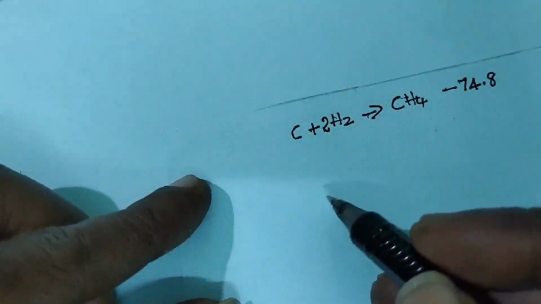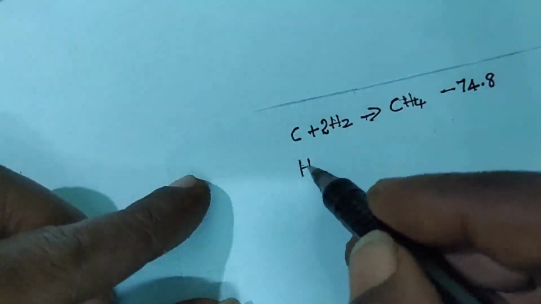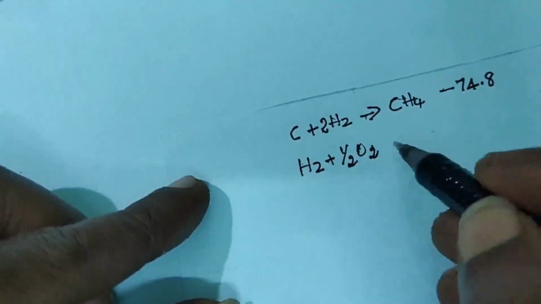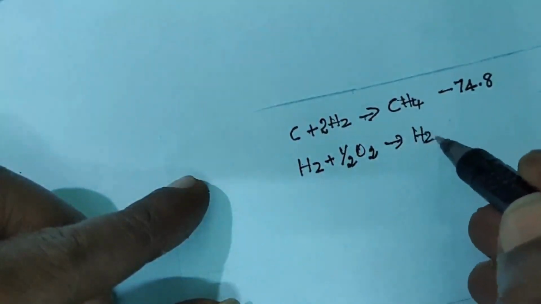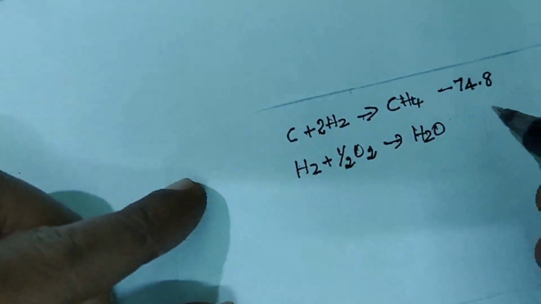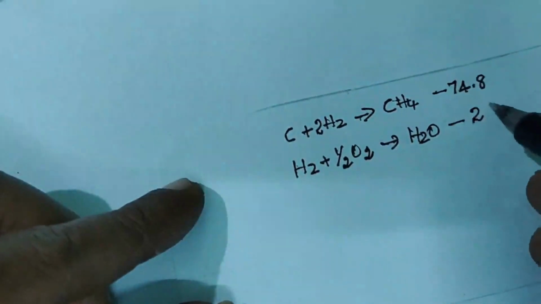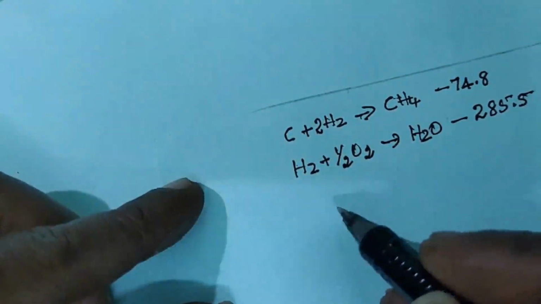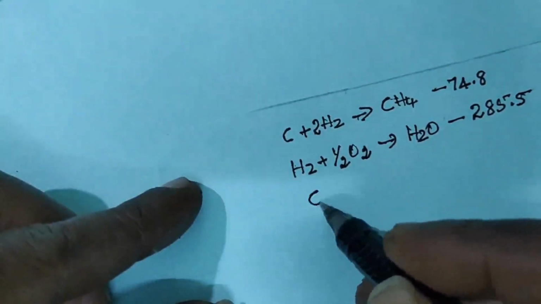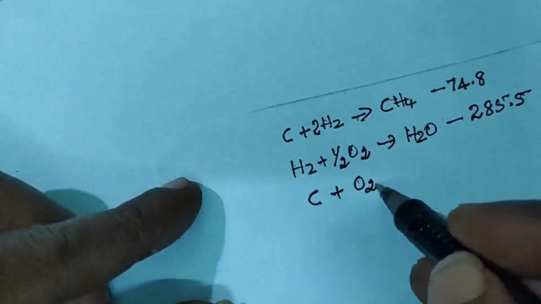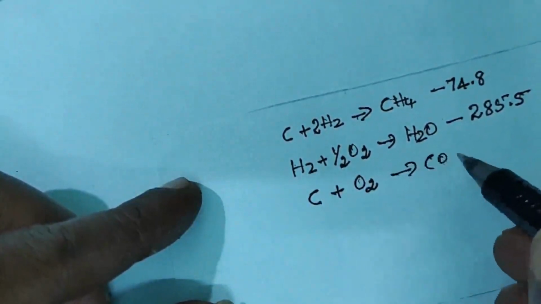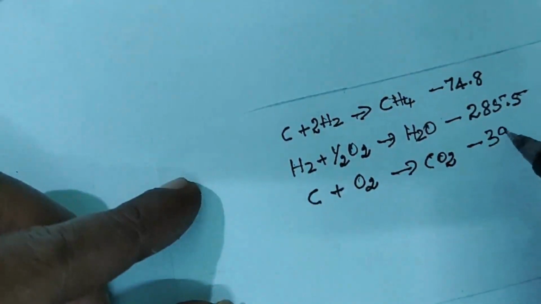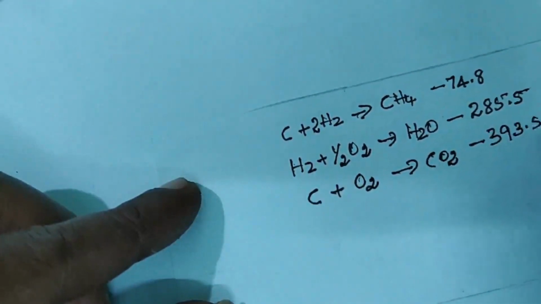Then second, water: H2 plus half O2 gives H2O, delta H is minus 285.5. Then the third equation, carbon dioxide formation: C plus O2 gives CO2, delta H is minus 393.5. These are the given data.